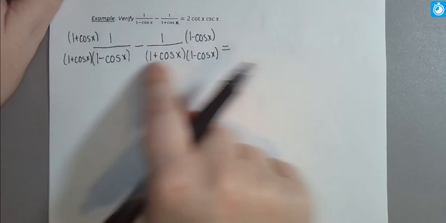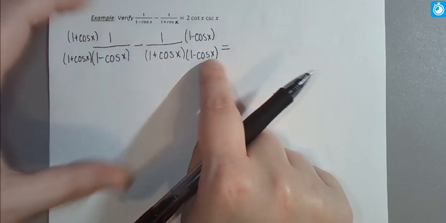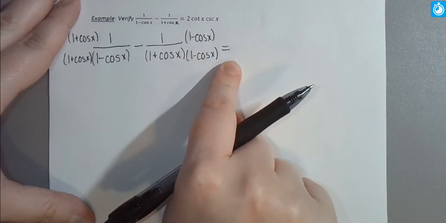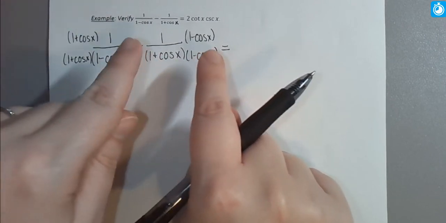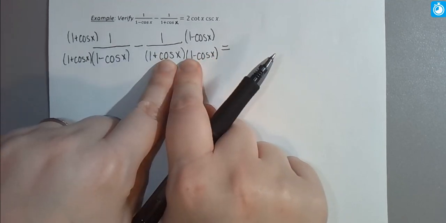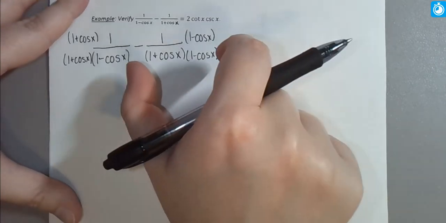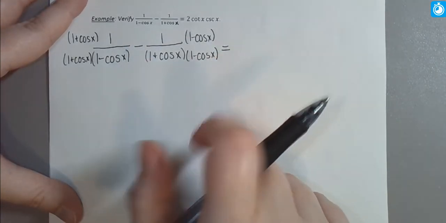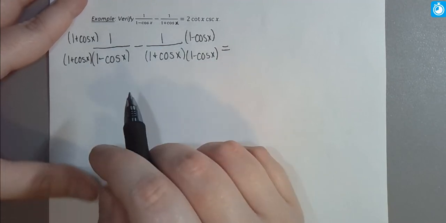It's actually a reversed difference of squares, so this is a factored version of a difference of squares. If we FOILed out these 2 binomials multiplied together, 1 times 1 is 1, minus cosine plus cosine, those cancel, and so then we have a negative cosine squared. So because this is so specific, I am going to go ahead and combine those together.